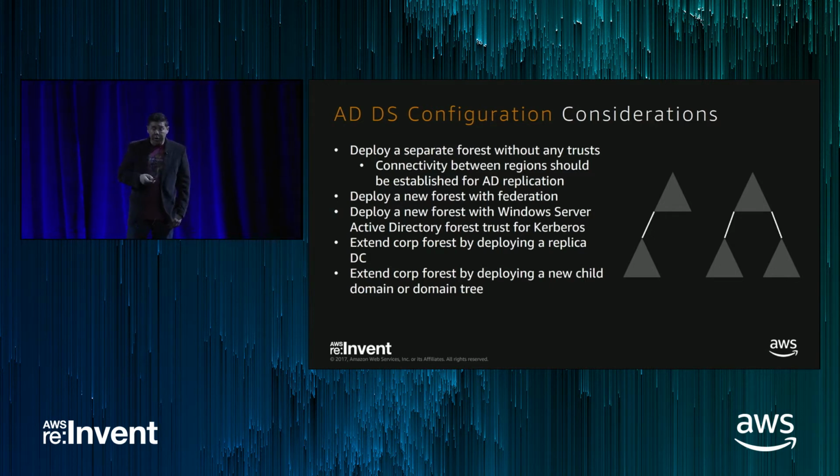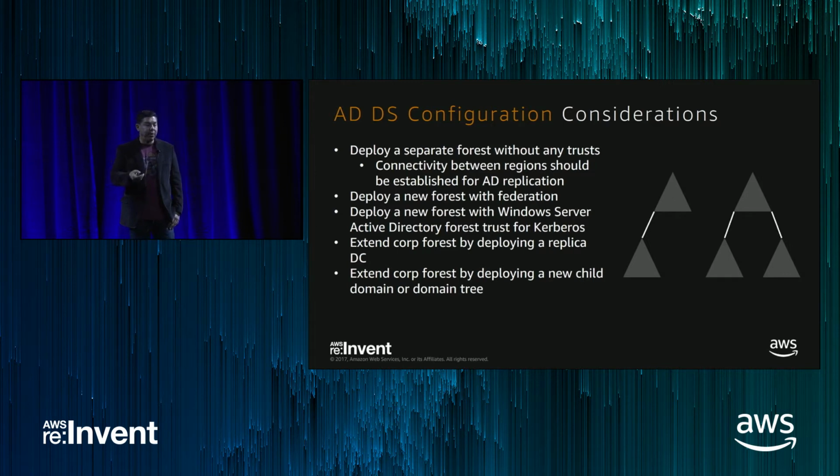You can also deploy a new forest with federation, so for any claims-aware type applications that don't require a forest trust but can leverage federation, then certainly that's an option. For those that do require, let's say, Kerberos, then a forest trust is also an option for you.